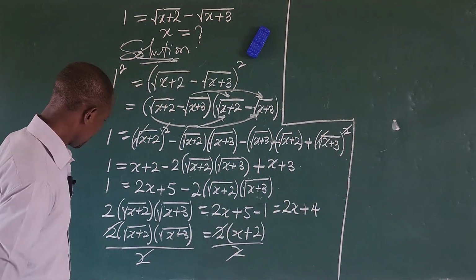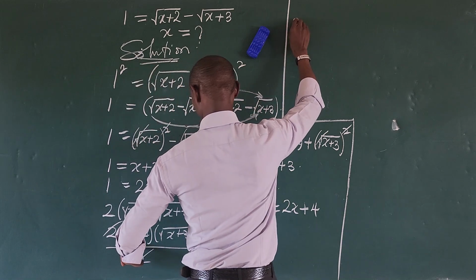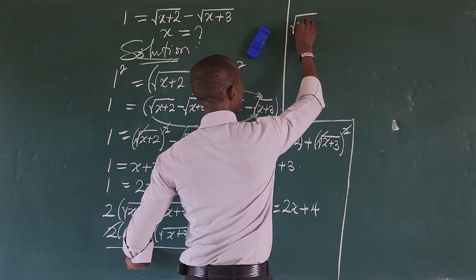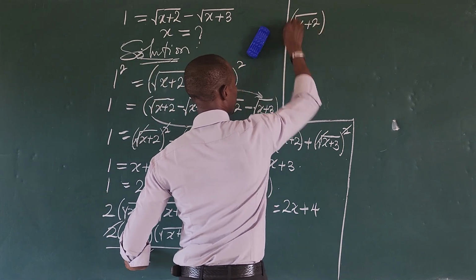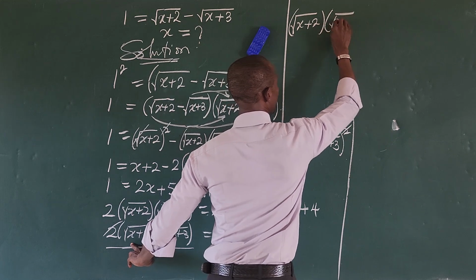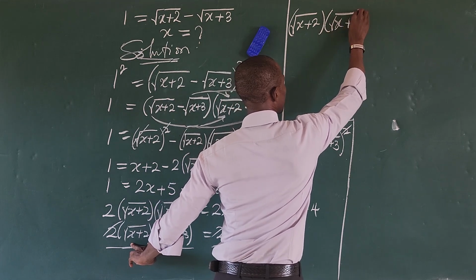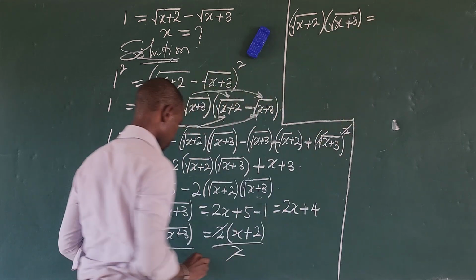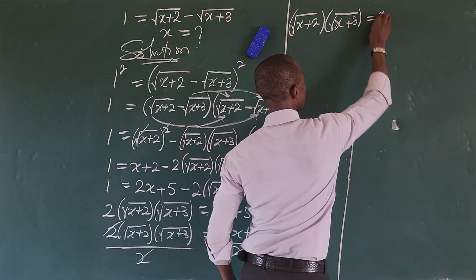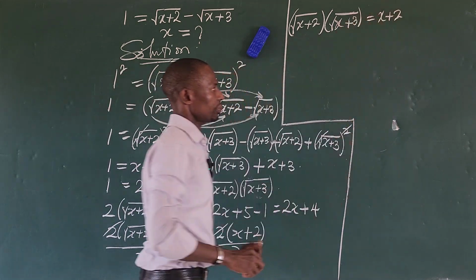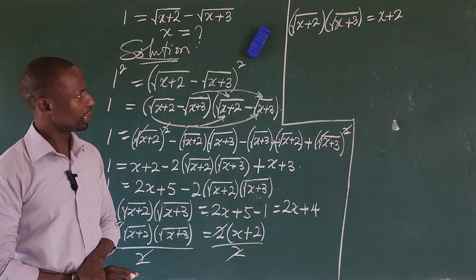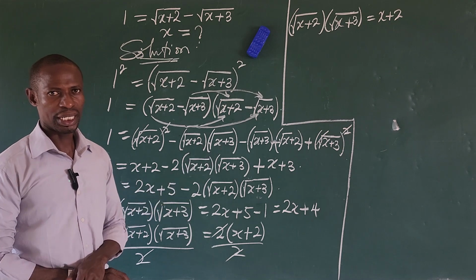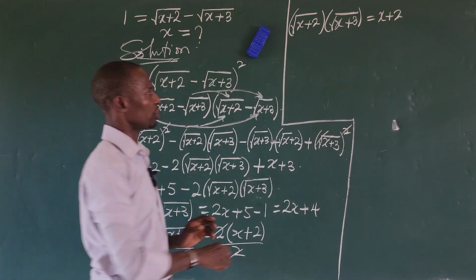All right. Now we have the square root of x plus 2, in bracket, the square root of x plus 3, close bracket, equal to just x plus 2. What we do next now is take the square of both sides of the equation.